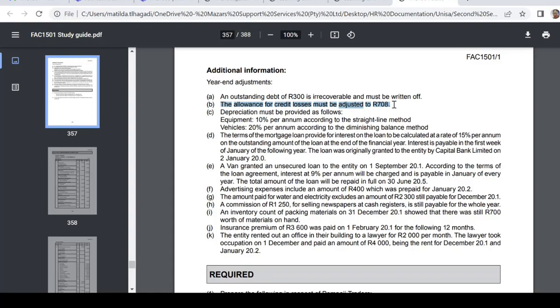Somebody might say credit losses debit 708, credit debtors control 708. I can see somebody getting it wrong because they don't see adjusted to, meaning it can increase or decrease, but you need to look at adjusted to. That's the main thing.